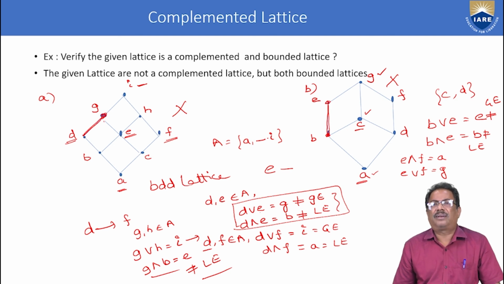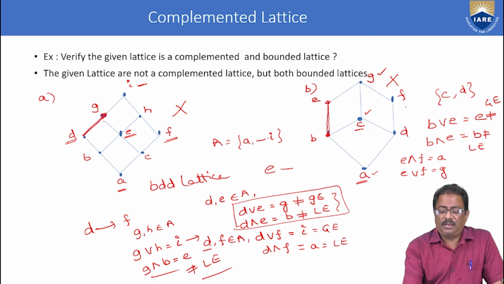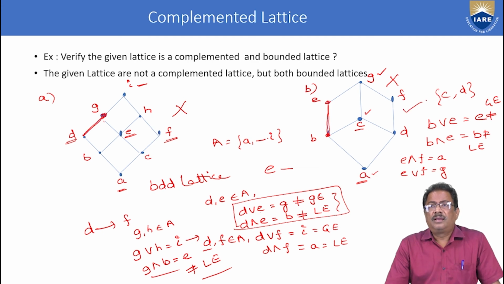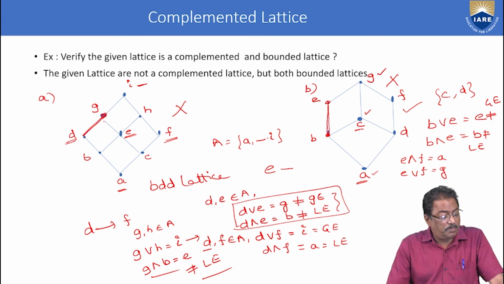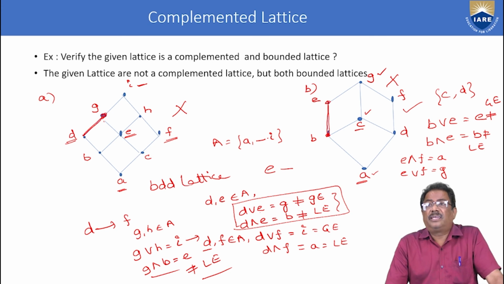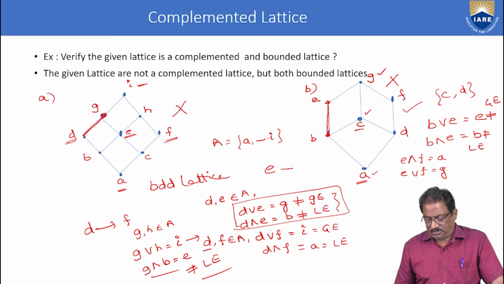So B does not have a complement, or C does not have a complement. So it is not a complemented lattice. In the same sense, the next one is also not a complemented lattice, because E does not have a complement. So we can say that it is also not a complemented lattice.